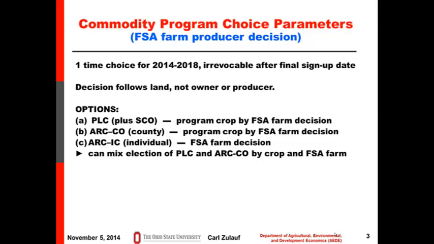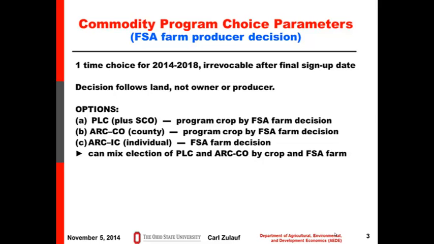There are 3 program options. There is the price loss coverage option, PLC, the agricultural risk coverage county option, or ARC-CO, and the agricultural risk coverage individual option, ARC-IC. The first 2 decisions are made by crop and by farm, and they can be mixed.